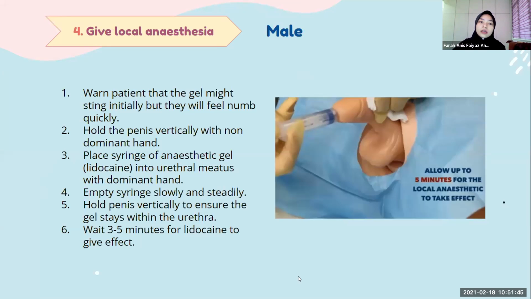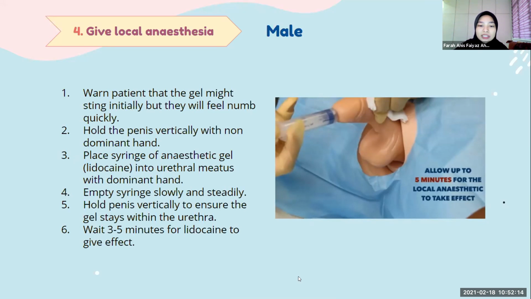And then the next procedure is, after cleaning, we need to give a local anesthesia. As for male, we need to warn the patient that the gel might sting initially, and then they will feel numb quickly. Then hold the penis vertically with the non-dominant hand, and place the syringe of the lidocaine anesthetic gel into the urethral meatus with the dominant hand.